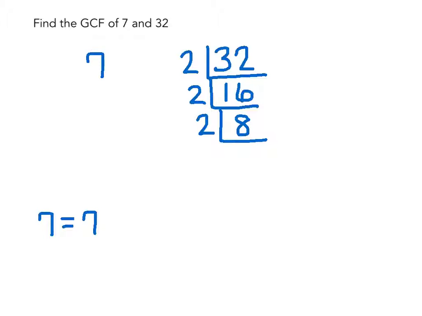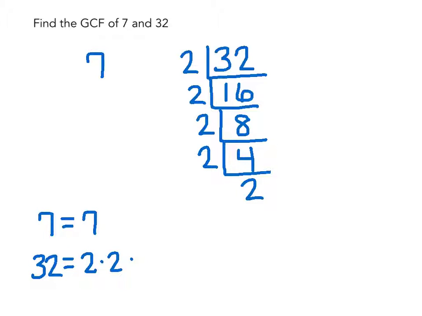It can still be divided by 2 4 times. And 4 is not a prime number, so I box it in. It can still be divided by 2 2 times. And I finally ended with a prime number. Therefore, my prime factorization of 32 equals 2 times 2 times 2 times 2 times 2.